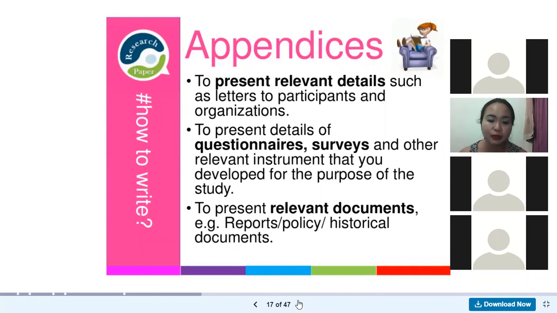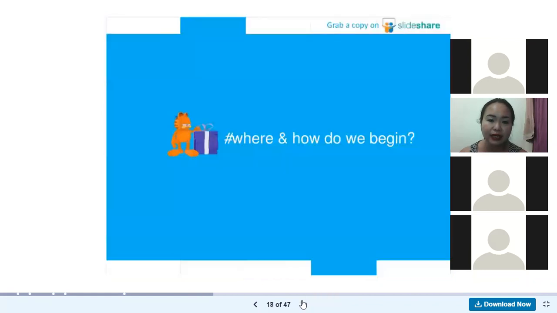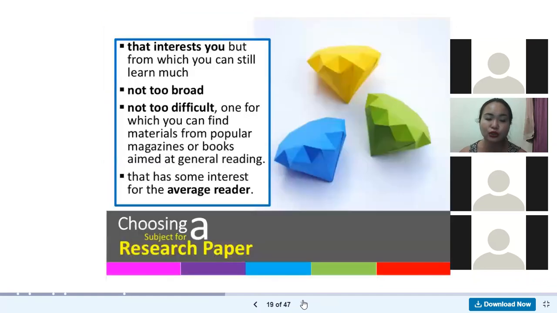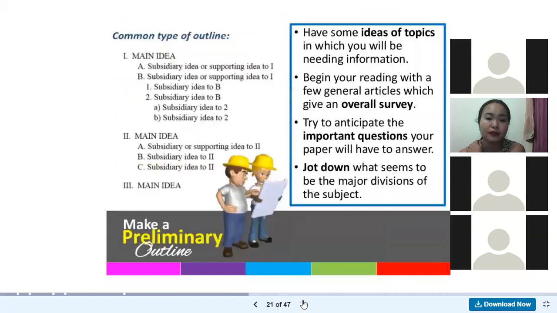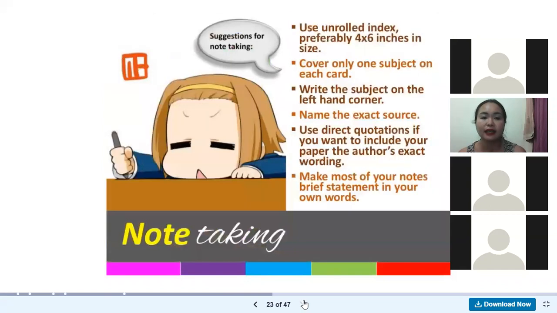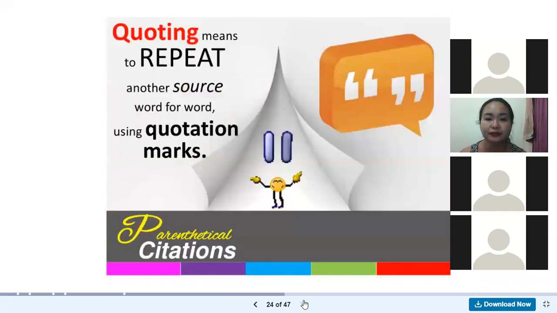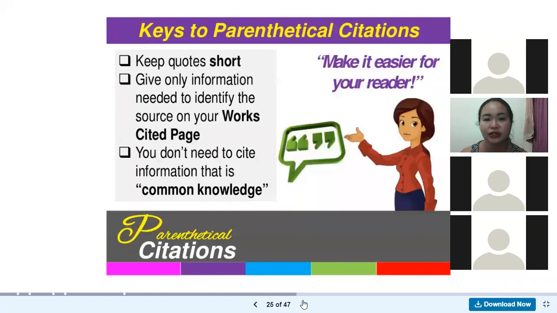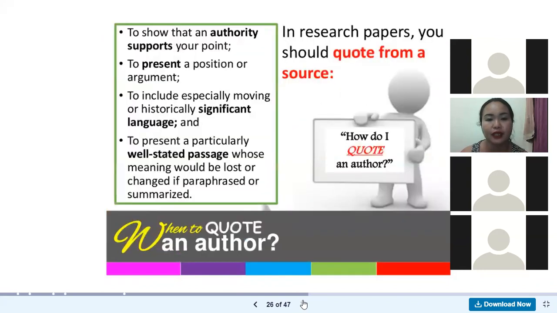And for the next meeting, we're going to discuss where and how to begin. That is how to choose a research paper, how to gather materials, how to make a preliminary outline, and note taking, quoting, citations. It's very important that you do parenthetical citation properly, and also how to quote an author, because the ways vary.